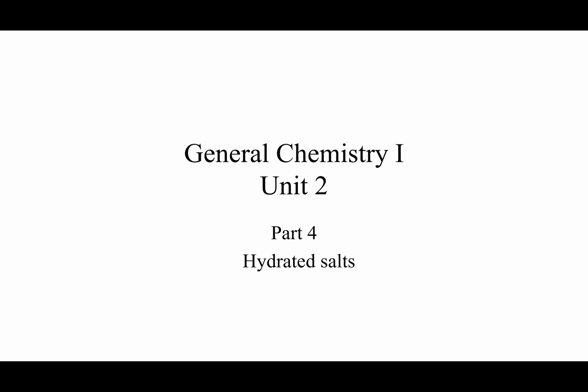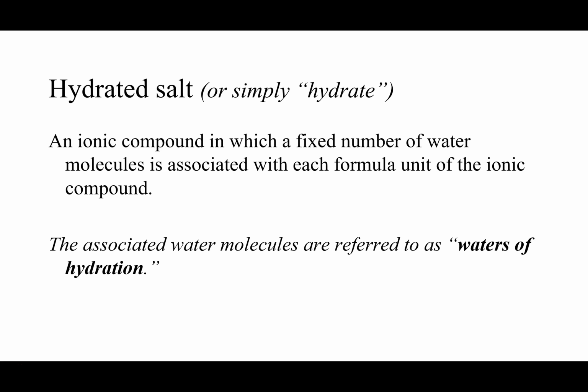Some salts are very hygrophilic, versus phobic. So they love water, so they'll pick up water. They're stable with a certain number of waters. Oftentimes there's a certain sweet number they have. Those are called waters of hydration. And so it's a hydrated salt.